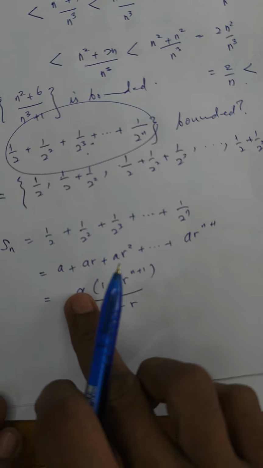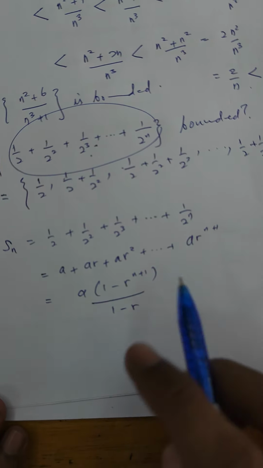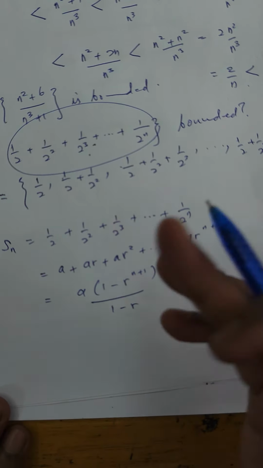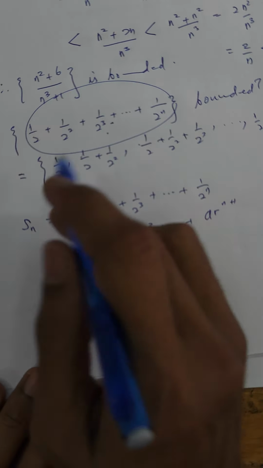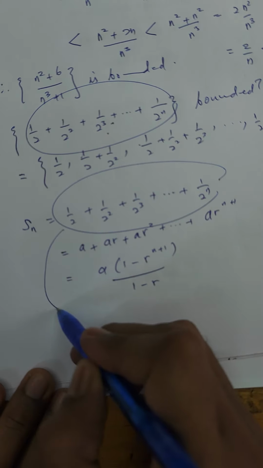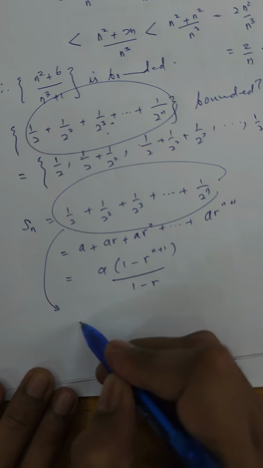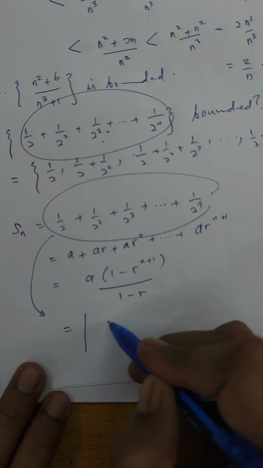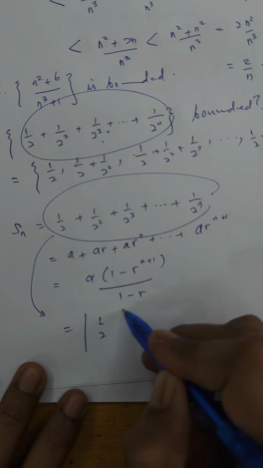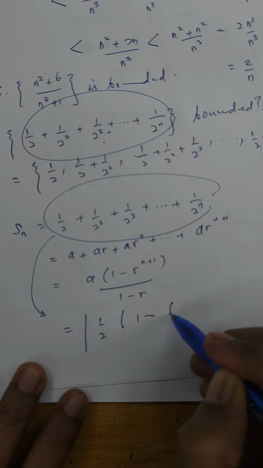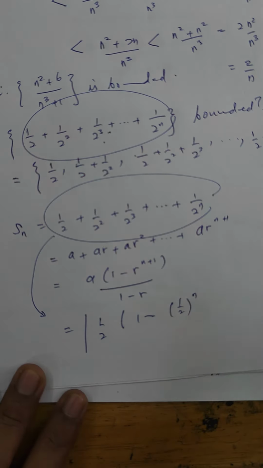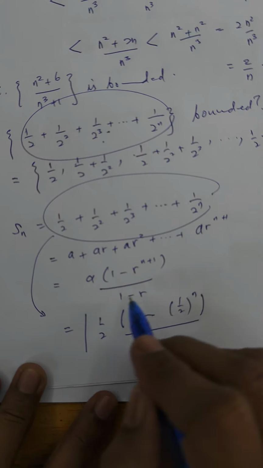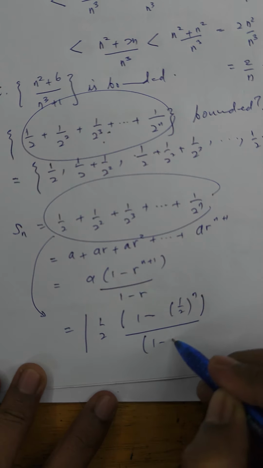Alright, where a is your first term, which is half. Your r is the common ratio between all those terms, which is half. So if you do those, you have the sum equal to 1 over 2 times 1 minus 1 over 2 to the n, or you can make it n plus 1, that gives not a big difference, over 1 minus r, which is 1 minus 1 over 2.